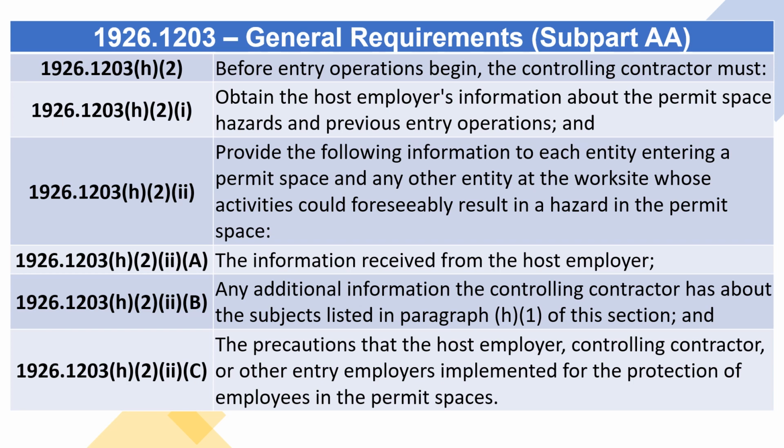The information received from the host employer. Any additional information the controlling contractor has about the subjects listed in paragraph (h)(1) of this section, and the precautions that the host employer, controlling contractor, or other entry employers implemented for the protection of employees in the permit spaces.